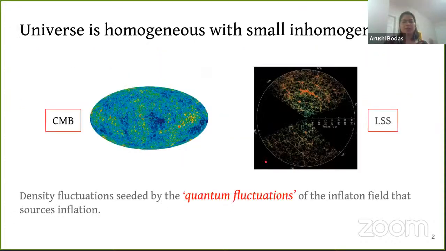We know that the universe is homogeneous with very small inhomogeneities, as can be seen in experiments like CMB and large-scale structures. The most compelling and minimal explanation we have is that these fluctuations were seeded by the quantum fluctuations of the inflaton field that sources inflation.